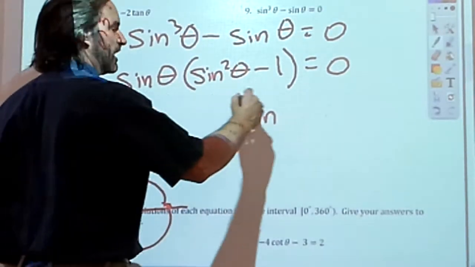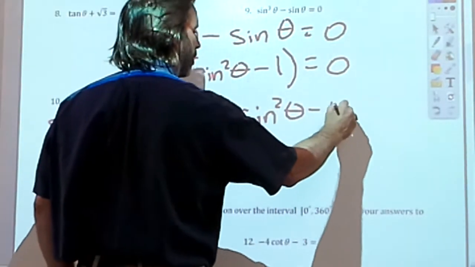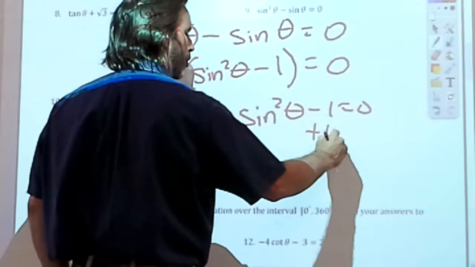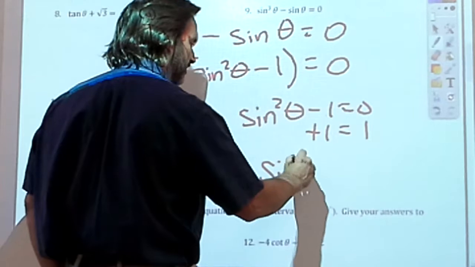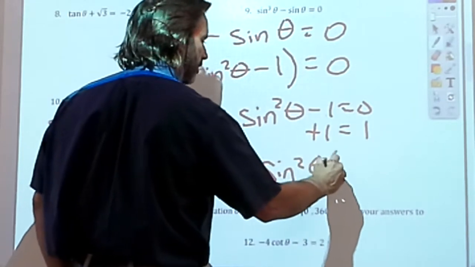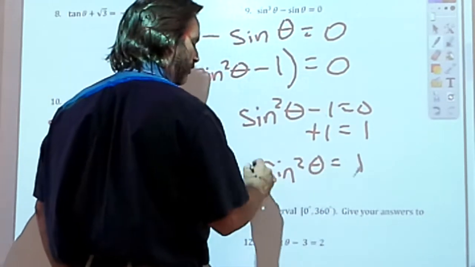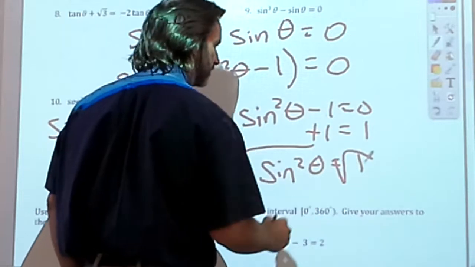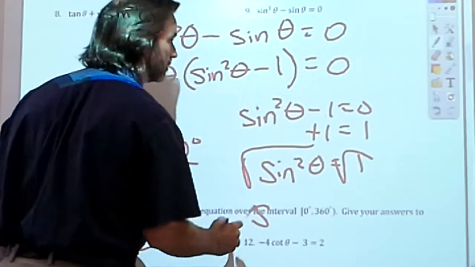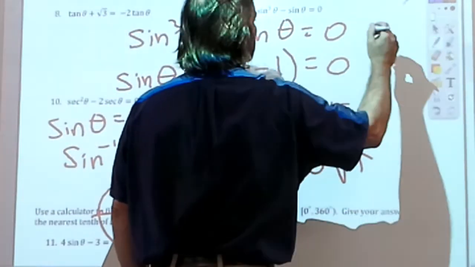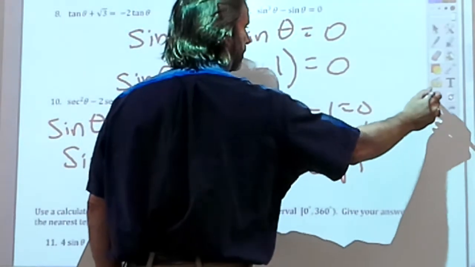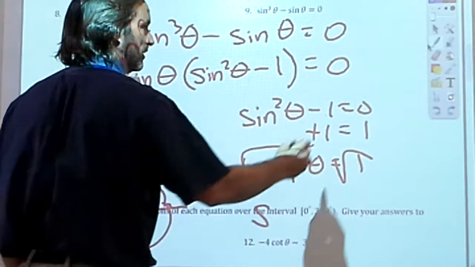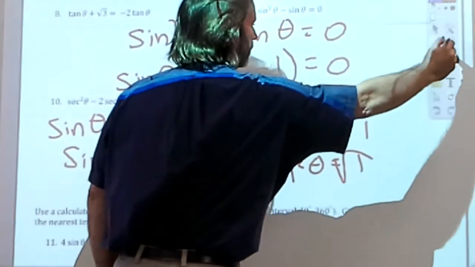Now, sine squared theta minus 1 equals 0. Add 1 to both sides. Sine squared theta equals 1. And we'll square root both sides. So we'll do some blue here.